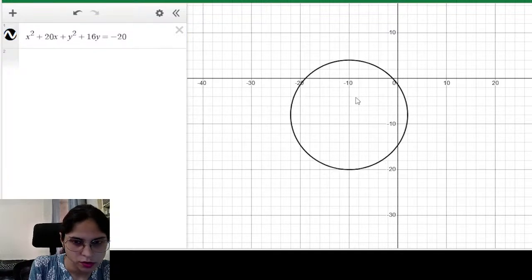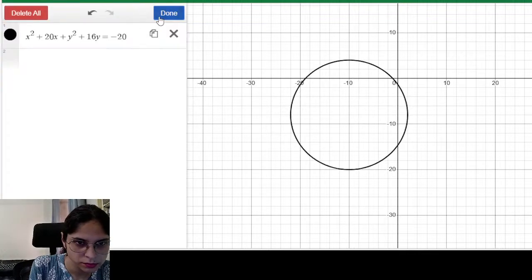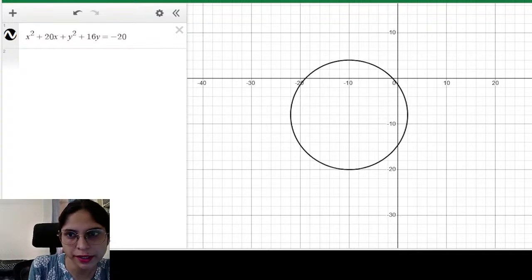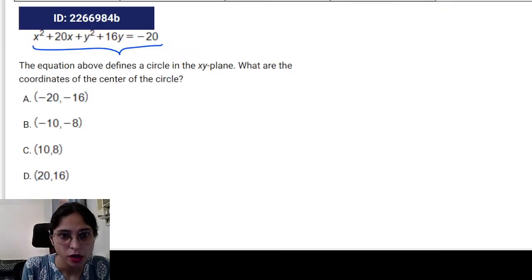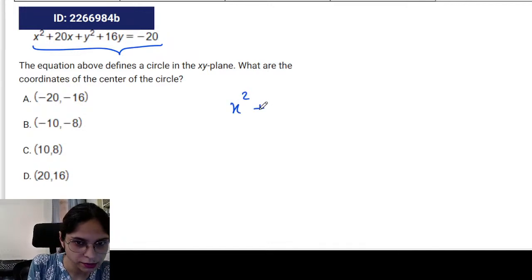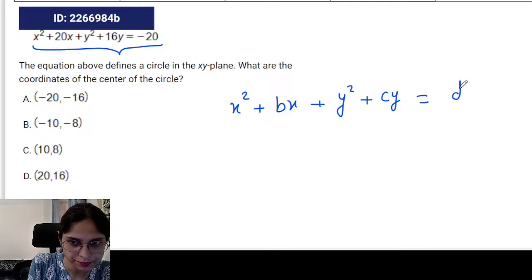Here, just figuring out the center from here will be difficult, so I will tell my hack. Whenever standard form is given to you, standard form means x squared plus bx plus y squared plus cy equals d. Always remember, it should be in this form. Then your center is going to be negative b over 2 comma negative c over 2.